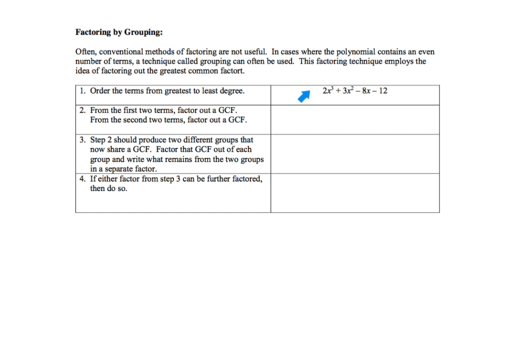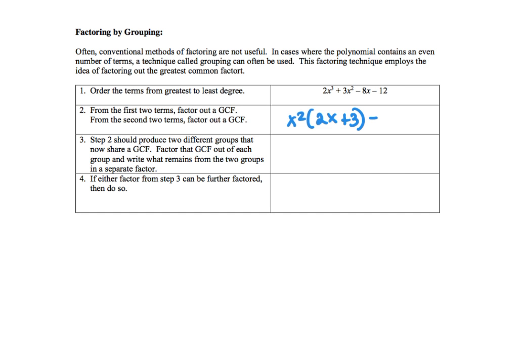The first thing I'm going to do is look at the first 2 terms and pull out a GCF. The GCF here is x squared, and that factors as x squared times 2x plus 3. Now I'm going to take out the GCF from the second 2 terms.